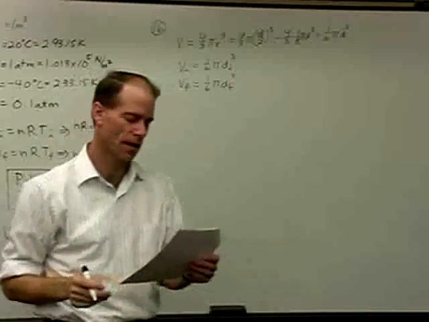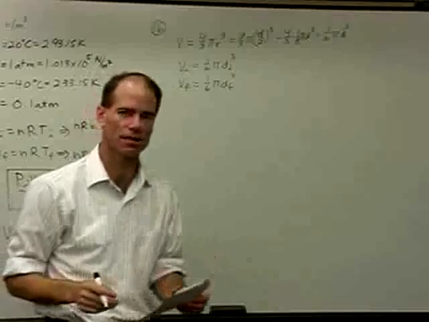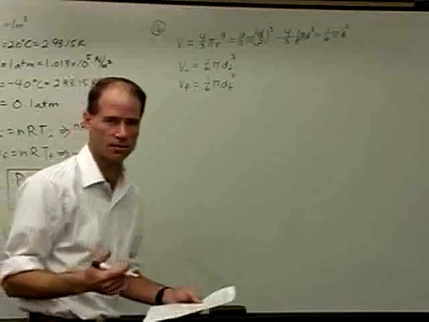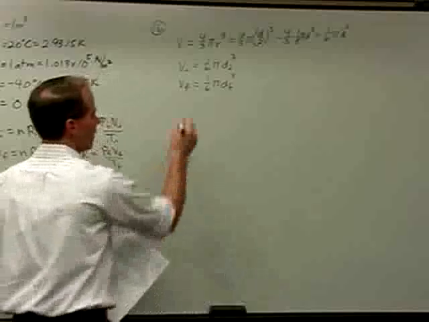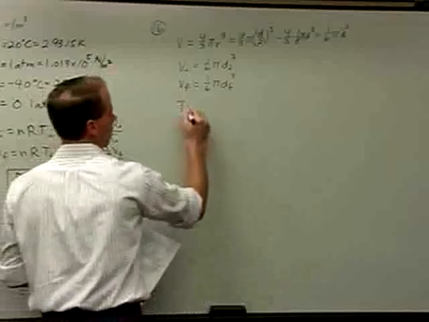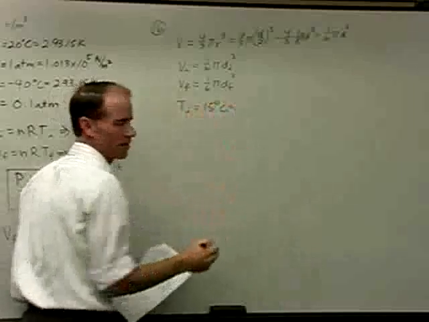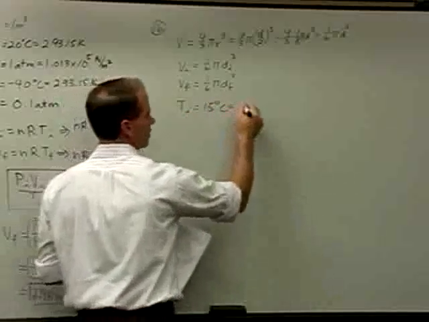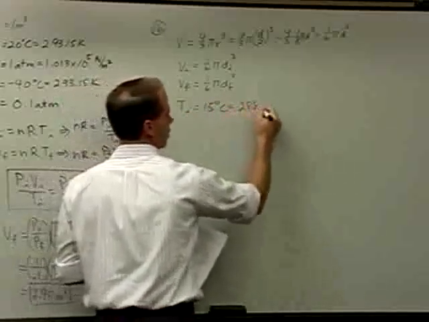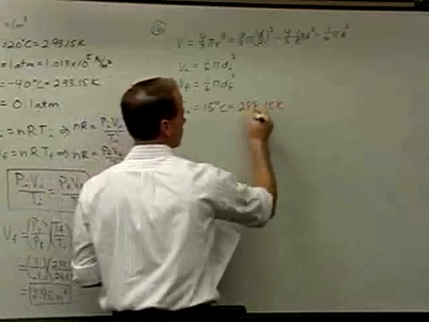What else is given? The initial temperature is 15 degrees Celsius. We need to change that to the absolute temperature scale, so add 273.15 to that. So that is 288.15 Kelvin.